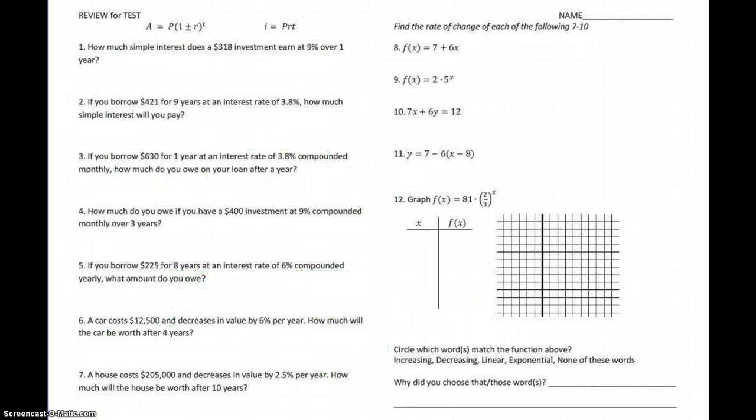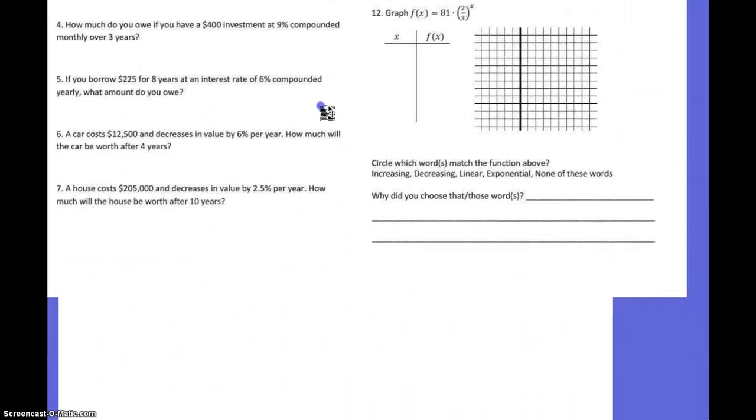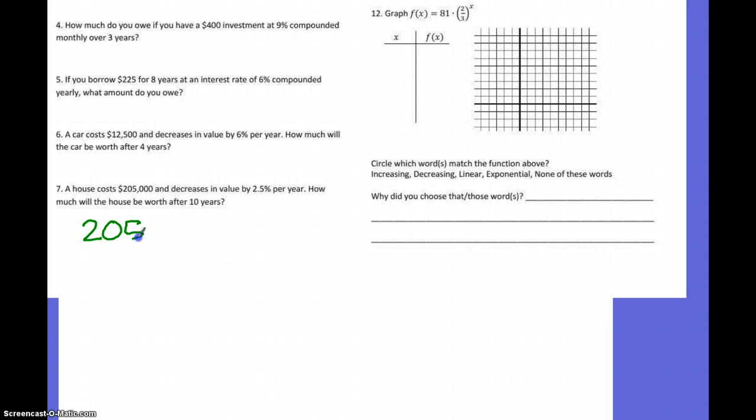If we do that last one on that page, number 7, it's a little bit easier to just move this up. So a house costs $205,000 and decreases in value 2.5% per year. So again, this is A equals, it's not simple interest. It's decreasing in value, so 1 minus 2.5%.